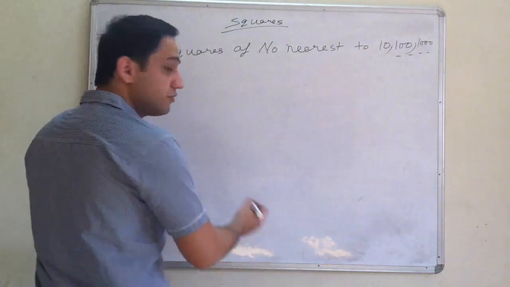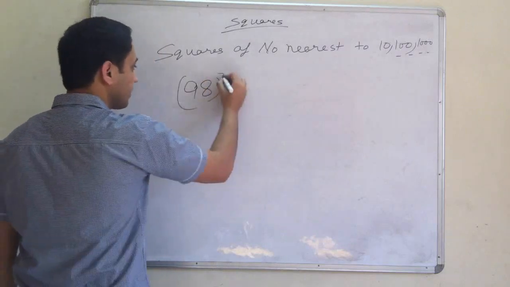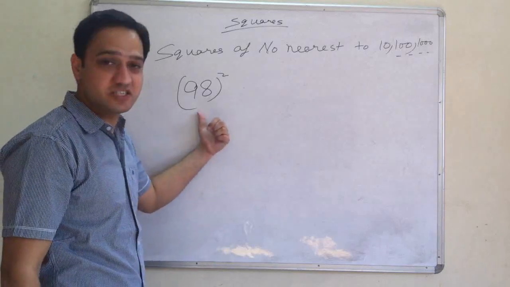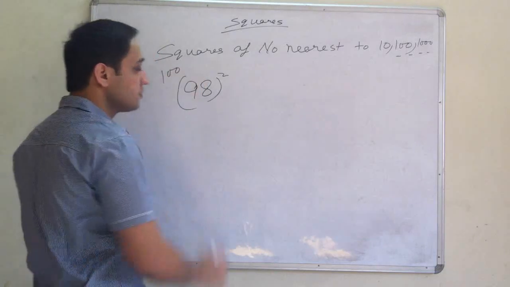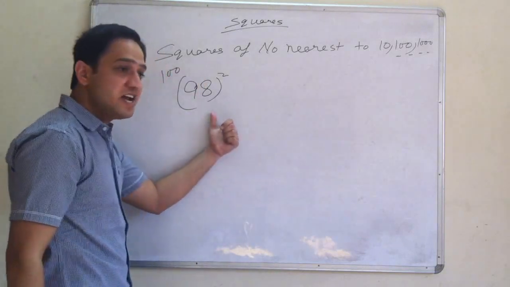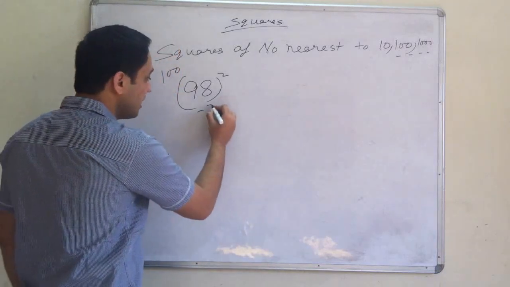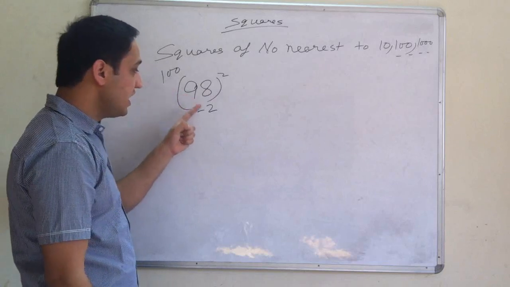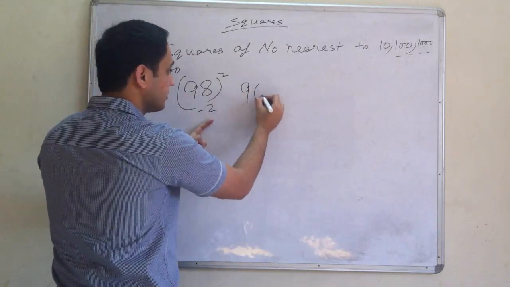So let's see, we have to find the square of 98. So 98 square. I can take 100 as a base because it is nearest to 100. So if I take 100 as a base, 98 is 2 less than 100. So my answer will be 98 minus 2, which is 96.